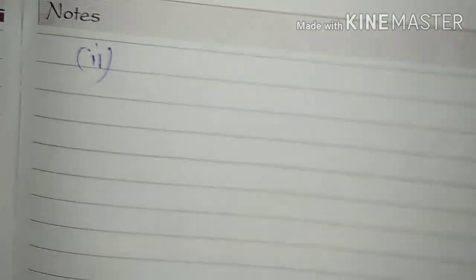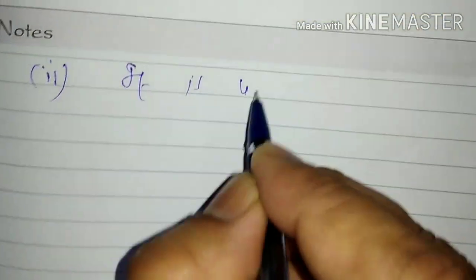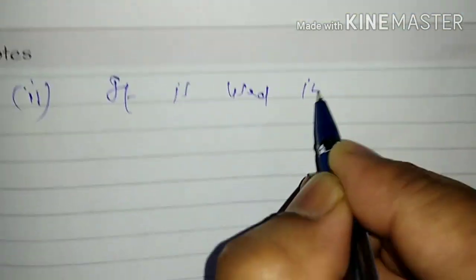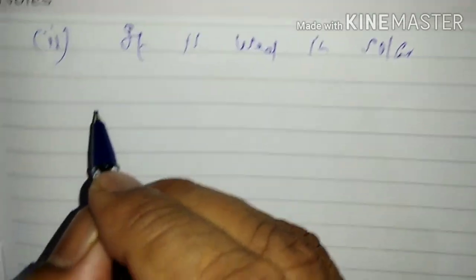Now, second example, just its reverse. In second example, we shall see it is used in solar furnaces or solar cookers.